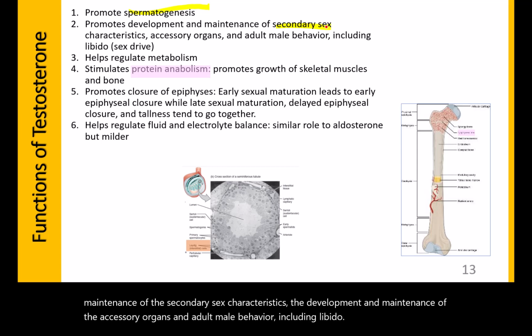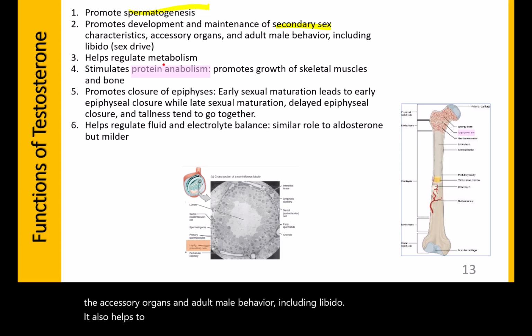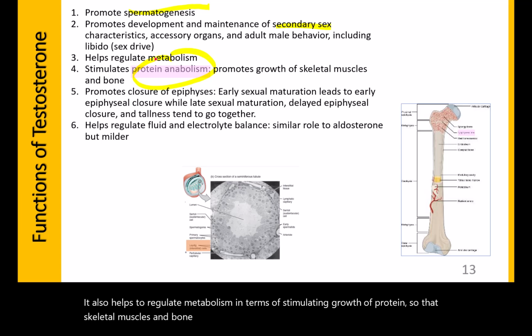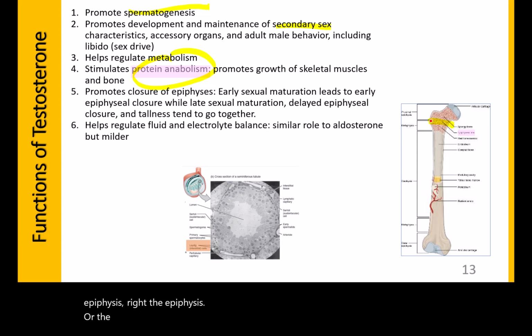It also helps to regulate metabolism in terms of stimulating growth of protein so that skeletal muscles and bone grow appropriately. And it also promotes the closure of the epiphysis, right? The epiphysis, or the epiphyseal line over here, is the area of growth of long bones.